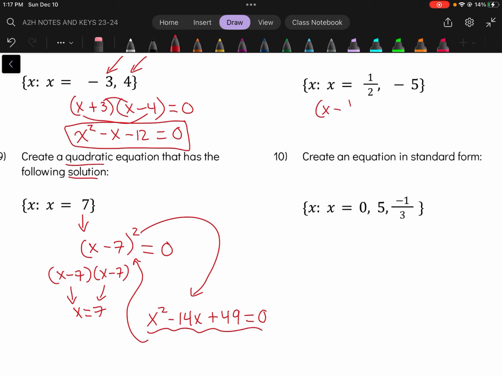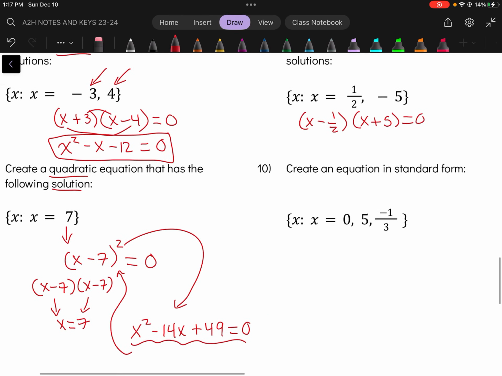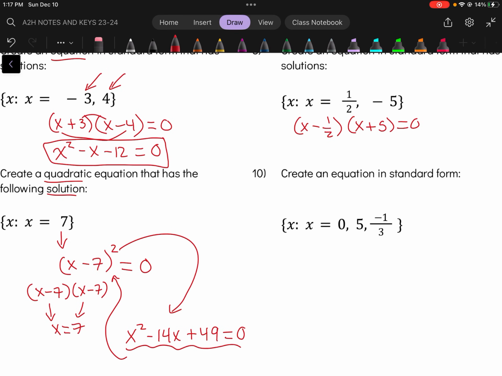Okay, one little trick for this, you could write x minus 1/2 and x plus 5, right? Generally, we don't want these to have decimals or fractions. So one little trick is you can introduce a GCF that's just a constant, right? So really the way that would come in is multiply by 2, right?